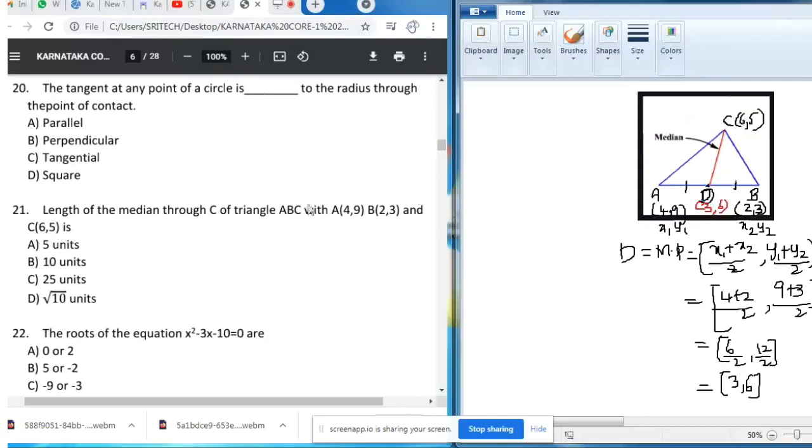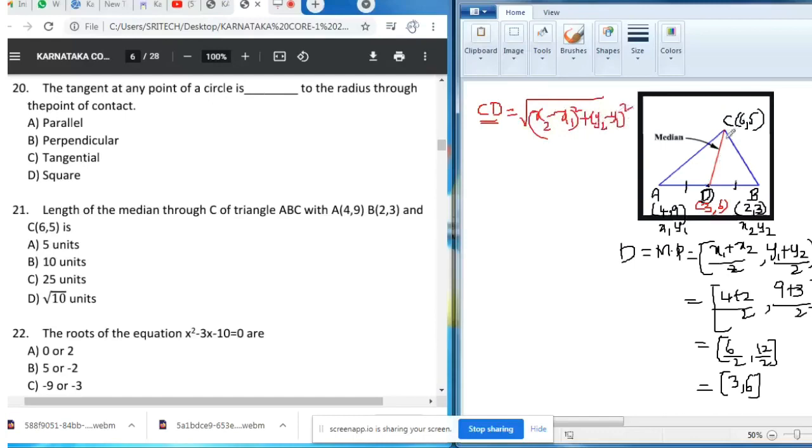Now they are asking to find the length of the median through C. The red line is the median. To find the length of the median CD, we have to use the distance formula. So our target is to find the length of the median, which is represented as CD in the diagram, which is given by the formula root over x2 minus x1 whole square plus y2 minus y1 whole square.